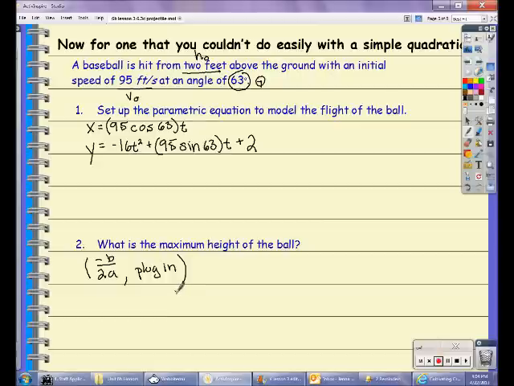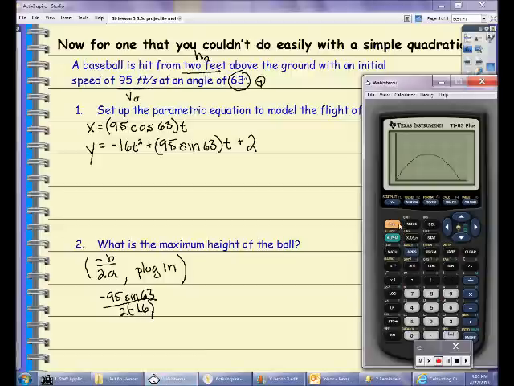Well, I'm not going to make you do that, although I could easily make you say negative 95 sine of 63 all over 2 times negative 16 and figure out what that is, but I'm not going to make you do that, because if I make you do that, I'm going to have to make you do all the other algebraic things, and it gets kind of crazy. I'll show you how to do all of these algebraically at the very end of the video, but for now, we're going to use our handy-dandy quackulators.